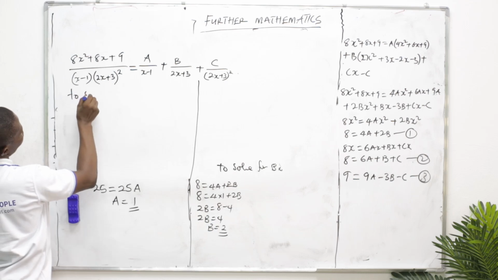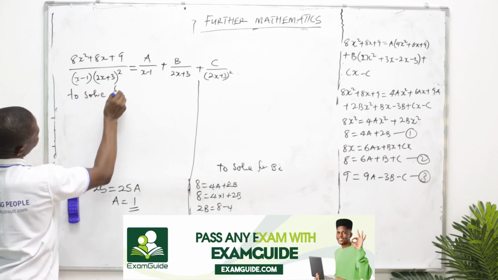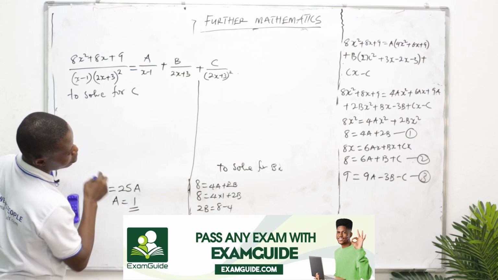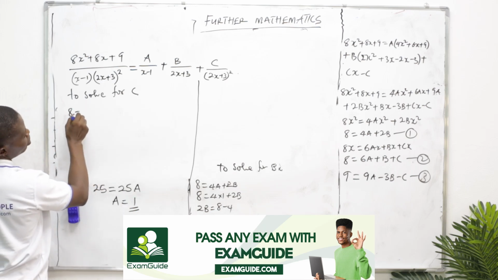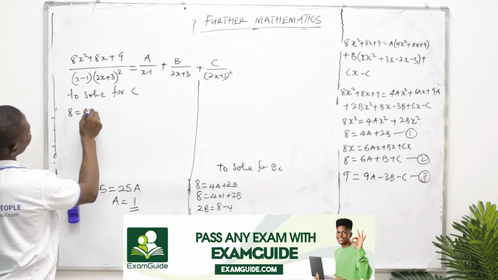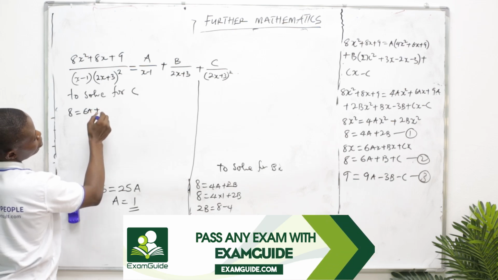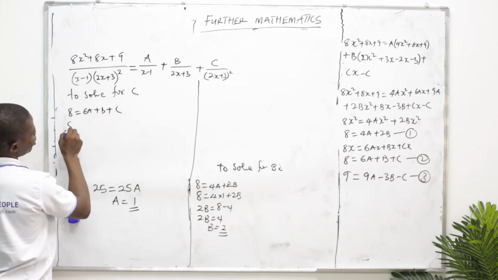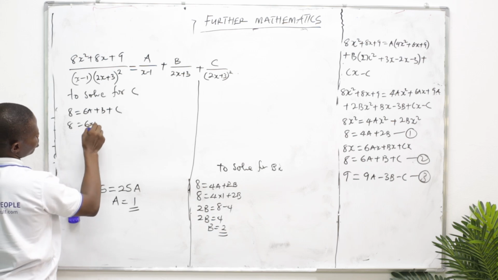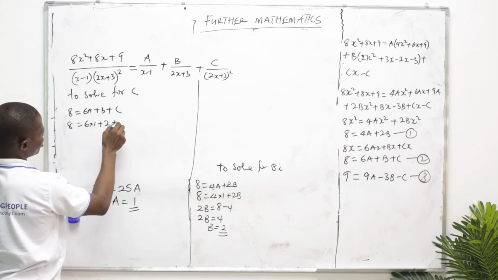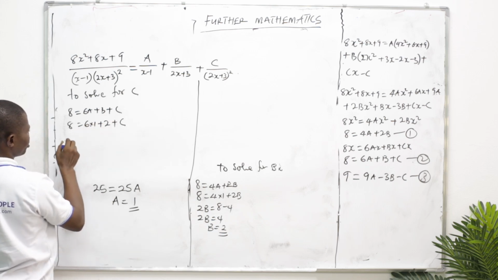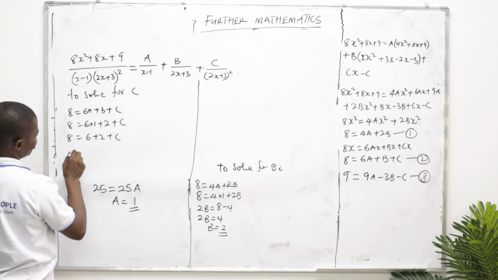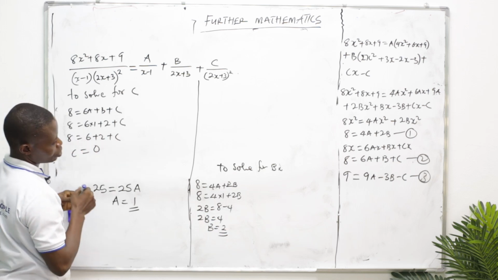To solve for c, we have that 8 equals 6a plus b plus c. 8 equals 6 times 1 plus 2 plus c. 8 equals 6 plus 2 plus c. C equals 0.